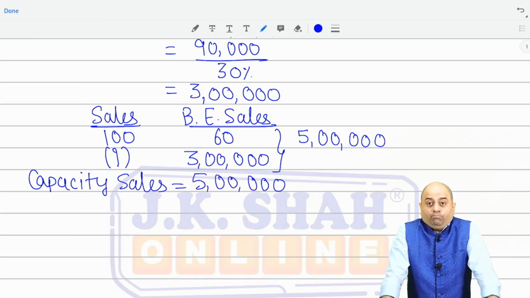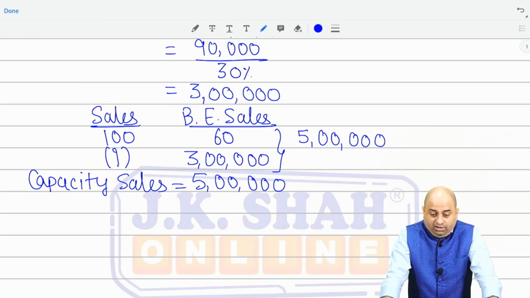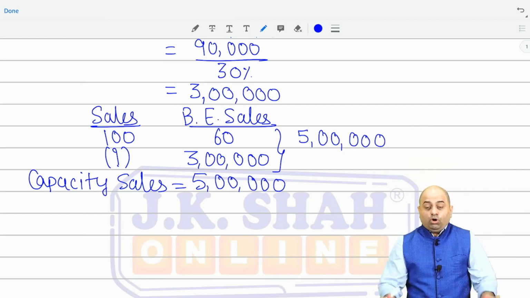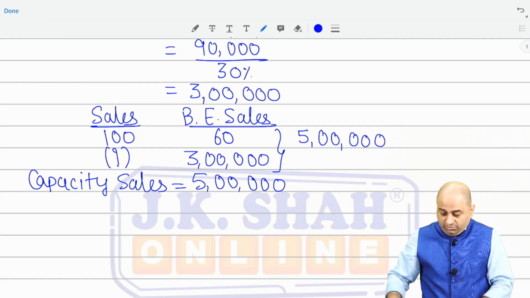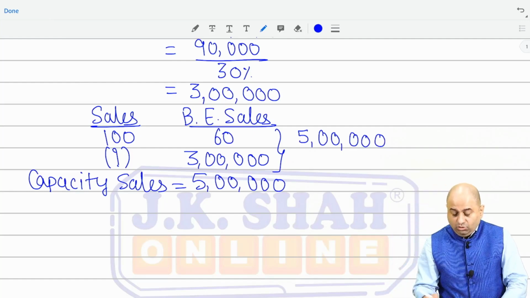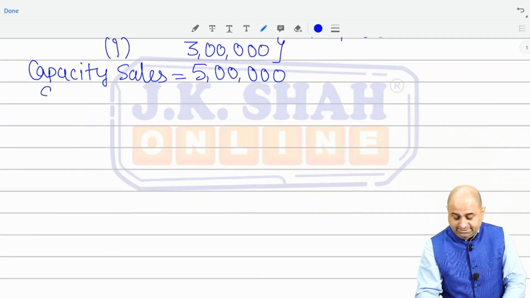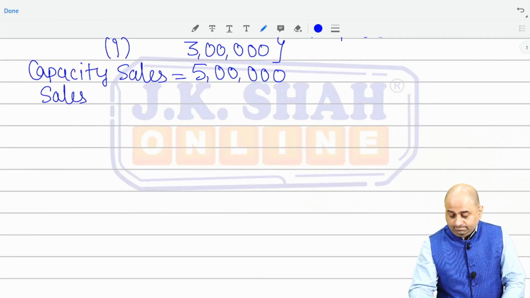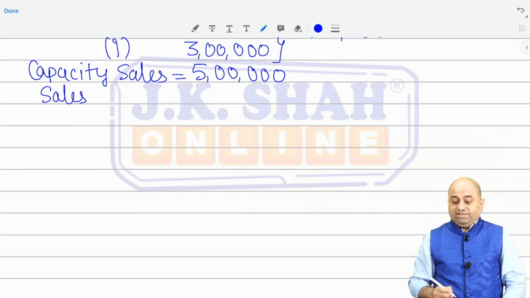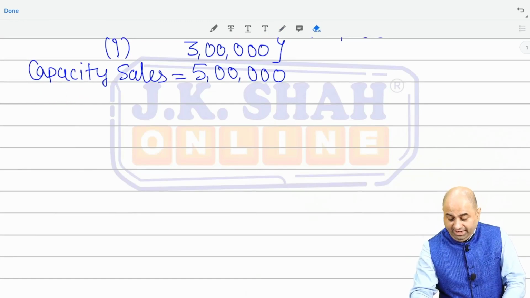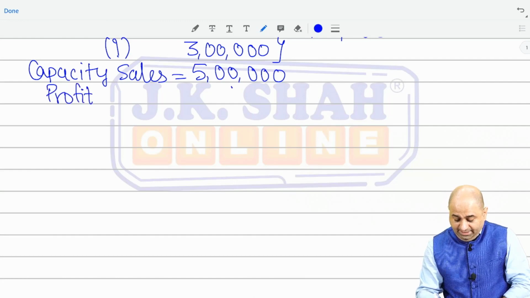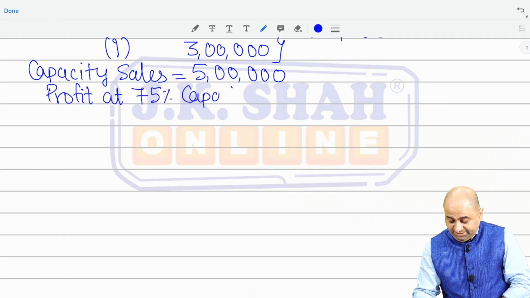Now they want further profit at 75% of capacity sales. So what to do? Again simple. We have done this while we were revising the theory. Let me give the heading, profit at 75% capacity sales.